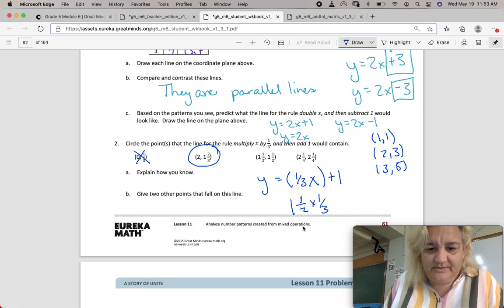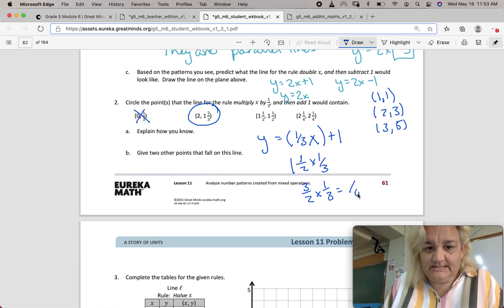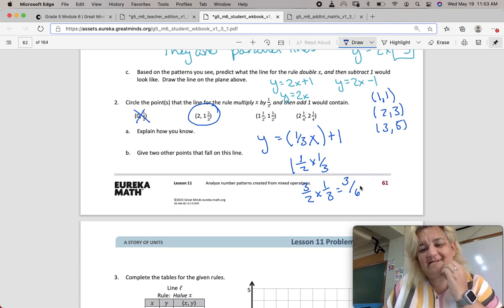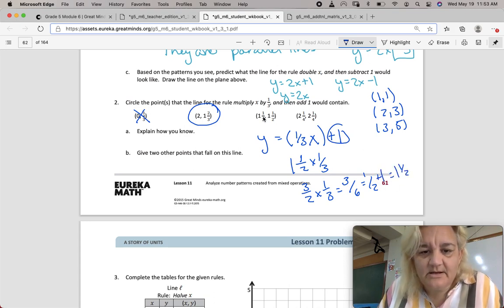So that would be 3/2 times 1/3, which is 3/6, which equals 1/2. And then here would be 1/2. Plus 1 would be 1 and 1/2. Okay, so 1 1/2 and 1 1/2, that works.